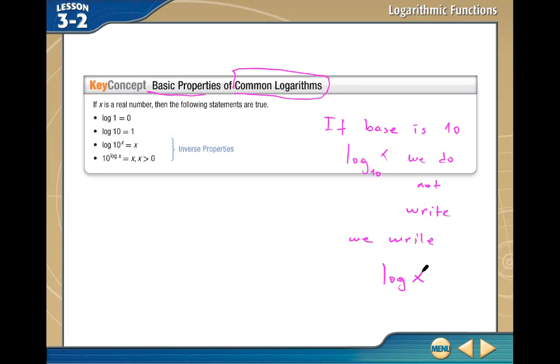So when you see log x, ladies, if you don't see the base, you automatically say that this is the common logarithm, which is base 10. I mean, when you have square root of 5, you know that this is normally the square root with index 2, since this is not given. Same logic, or when you have 7, we know that the denominator is always 1. We know this. Similar to this.